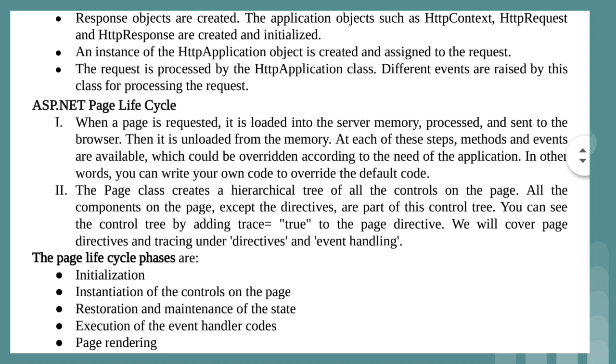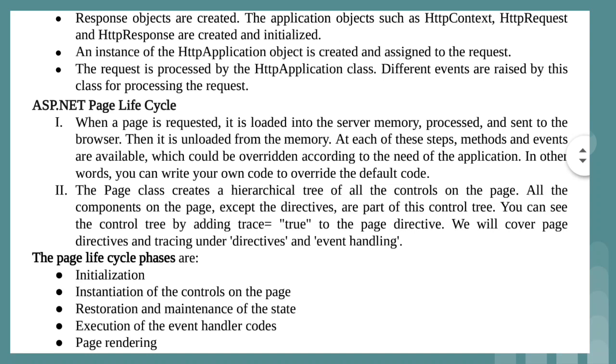Previously the Page_Load event was empty; according to our need we have written some code. That is nothing but overriding the event according to the need of the application. So this is the meaning of the sentence. In other words, you can write your own code to override the default code.